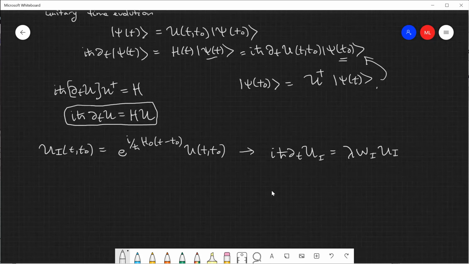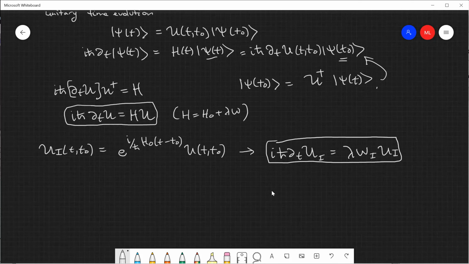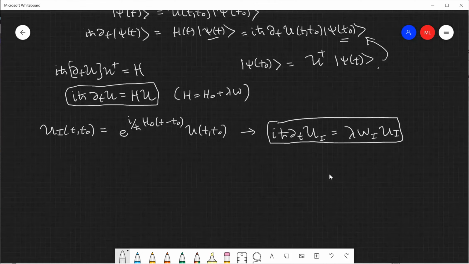So this is the interaction picture version of the equation for U. And again, remember here in the setting, it's always like that. Okay, so now we have our evolution operator equation in the interaction picture.